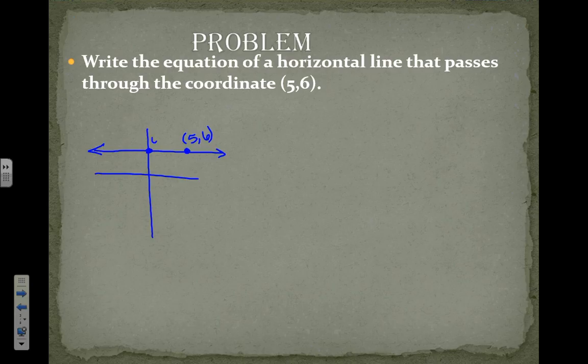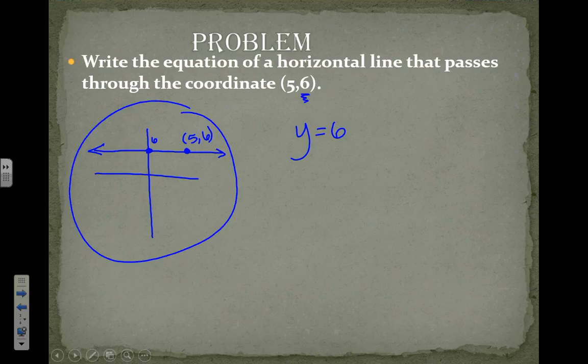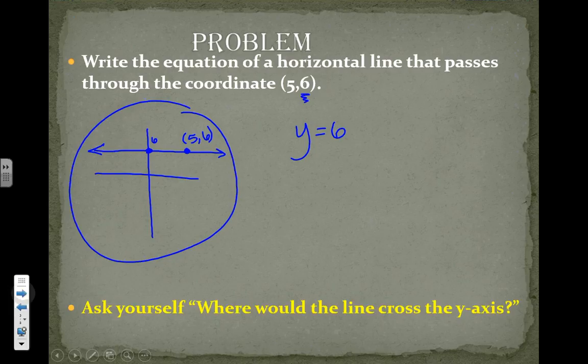So my y value will be 6, and the equation of this line would just be y equals 6. You really don't even need this grid to answer this question. All you have to do is know what the y value is in the ordered pair, because that will be the same y value through the entire horizontal line.